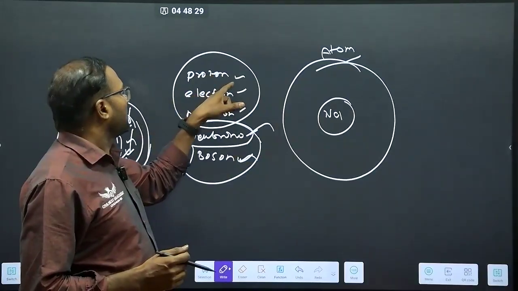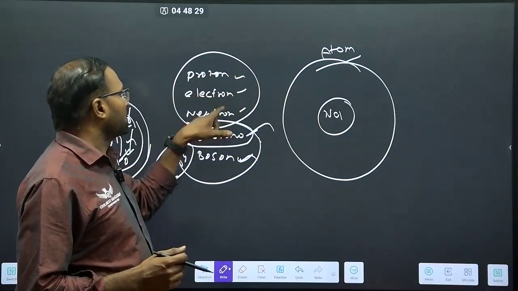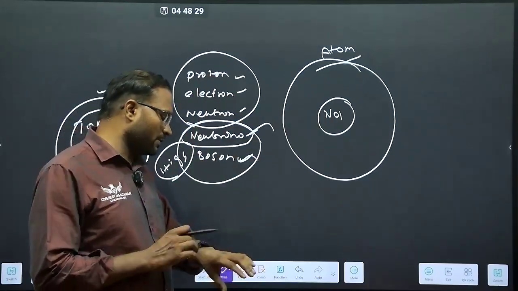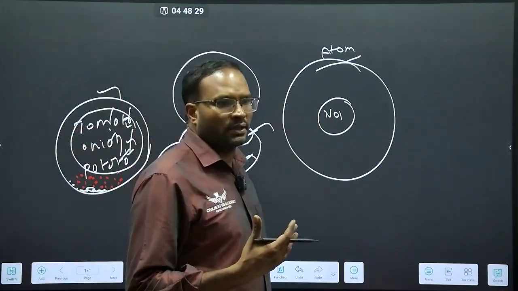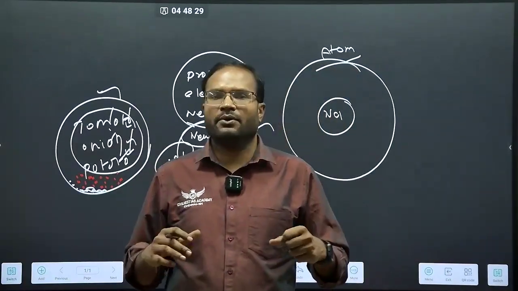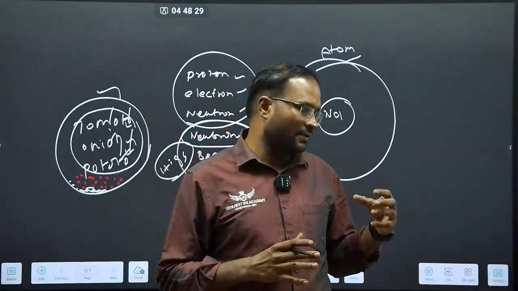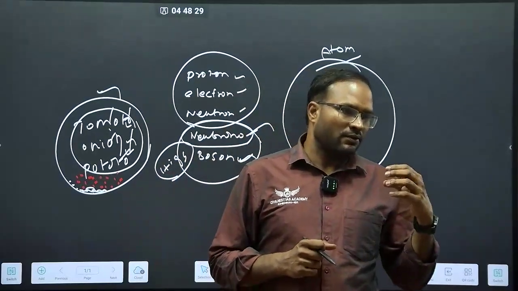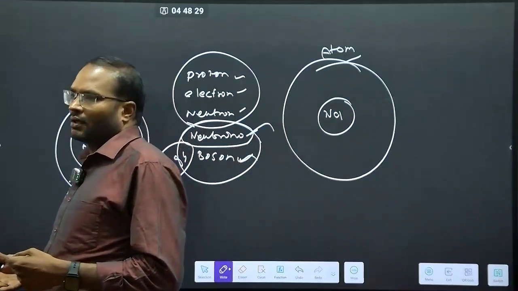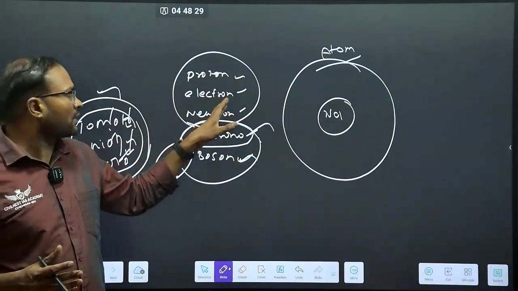See, protons, electrons and neutrons are all the major subatomic particles. How are these contributing to the scientific community, and what is the usage, the benefit of knowing proton, electron, neutron?